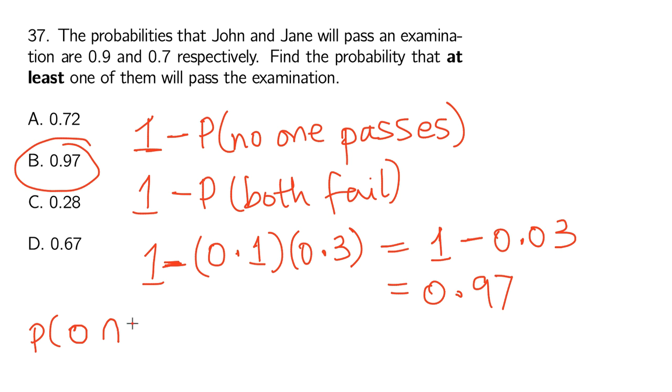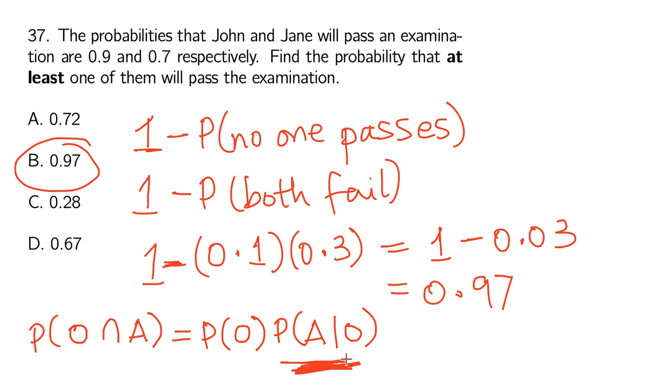And then the probability that Jane fails, let's call that A. So in general, this probability is equal to the probability of O, that's the probability that John fails, times the probability that Jane fails given that John failed. Now, we haven't been given this number, the probability that Jane fails given that John fails. So there's no way we can solve the problem. And that's why we have to assume independence. Otherwise, the problem is hopeless.